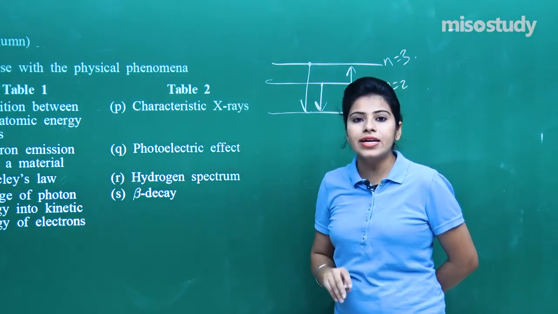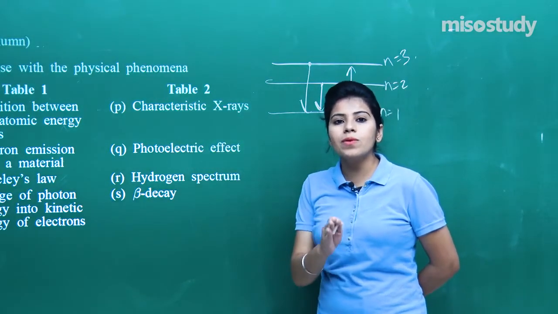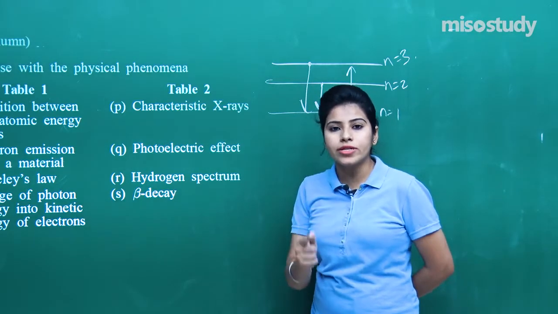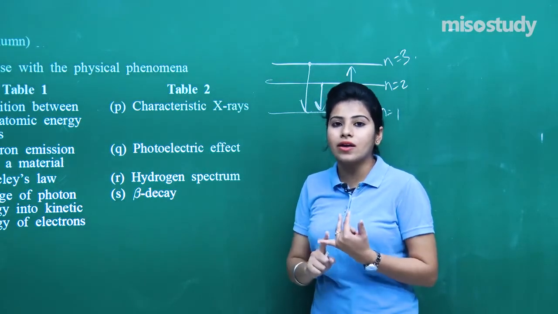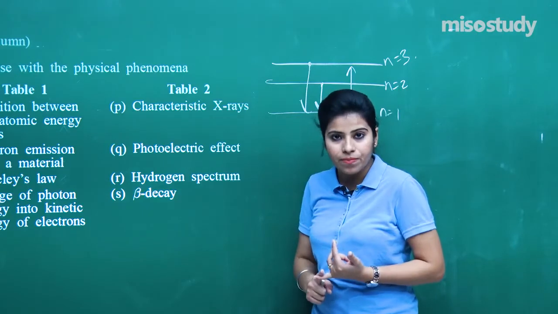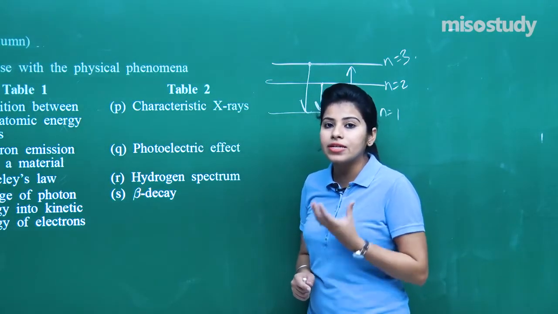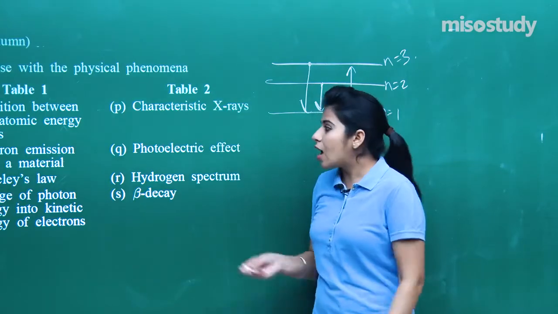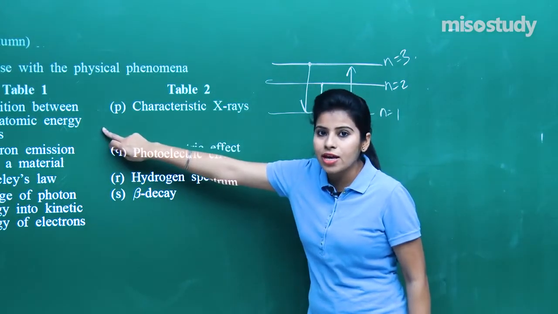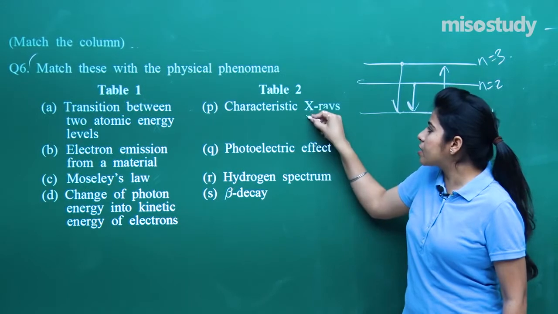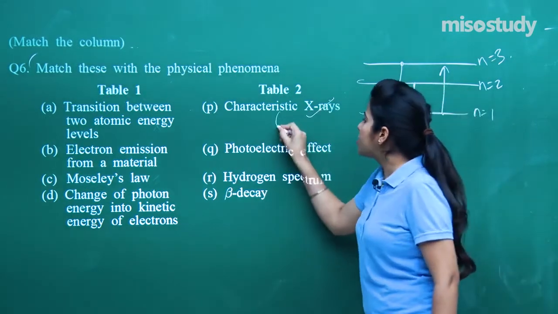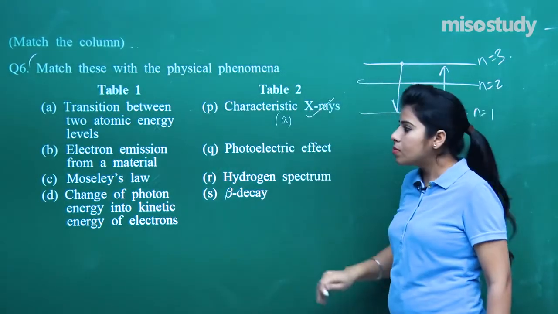Yes, definitely it can be happening. If you are clear with the concept of continuous X-ray spectrum and the characteristic X-ray spectrum, you would have known what happens in the case of characteristic X-rays. So that means if the transition is taking place, this can be the correct answer. So let me just write A over here.